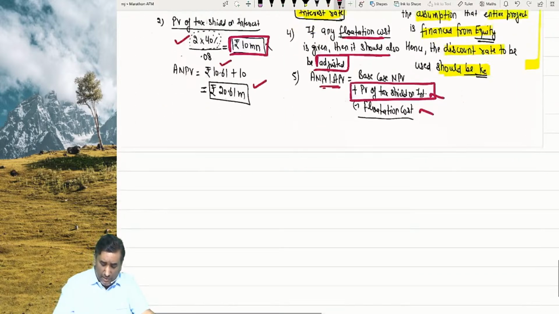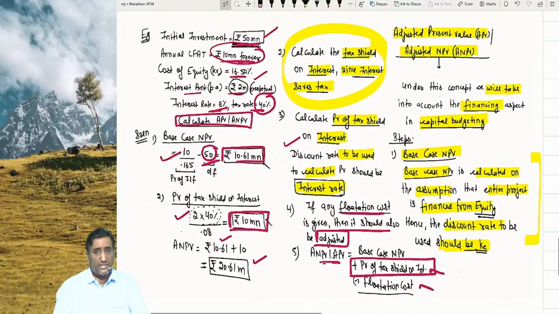Now the decision, write down. How do you write the decision? It's not the normal way we write the decision. Put down please: project is viable with only equity financing.